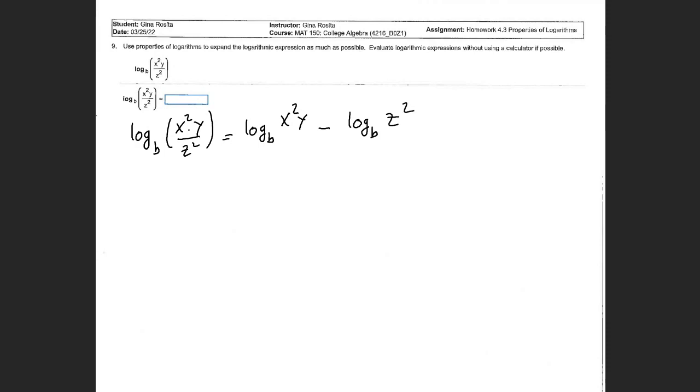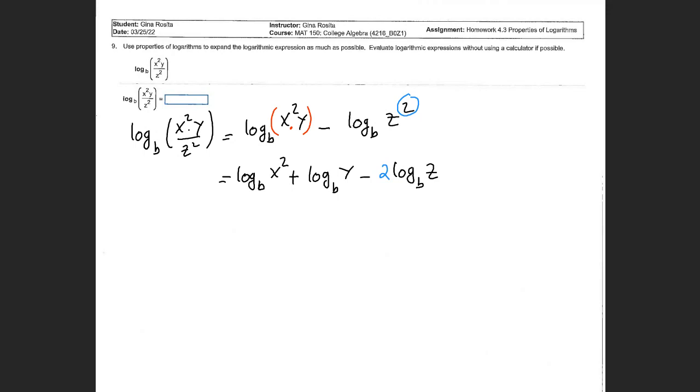For this one, it is a product, so I use parentheses. This is x squared times y, so it means sum. So now we can write logarithm of x squared with base b plus logarithm of y with base b minus, be careful with this one, it is a power, so I can write 2 times logarithm of z with base b.